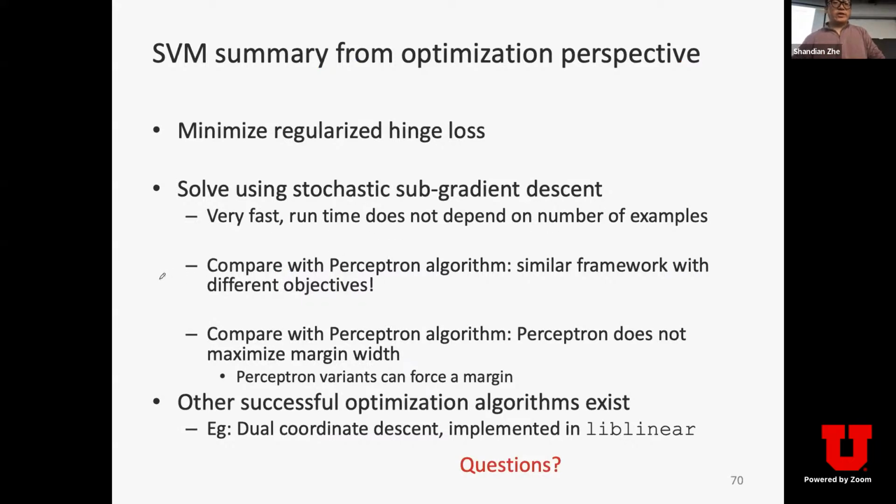And we have some analogy with the perceptron algorithm. In other words, the perceptron can be viewed as optimizing a slightly different objective function using stochastic subgradient as well. And another difference is that the perceptron does not maximize the margin. But stochastic subgradient descent is not the only way to optimize the SVM objective function. There are also other successful optimization algorithms, such as dual coordinate descent and LIBLINEAR, one of the most popular support vector machine packages.